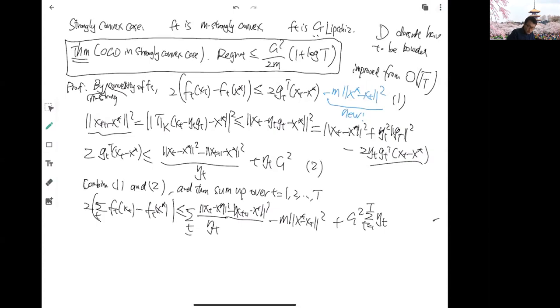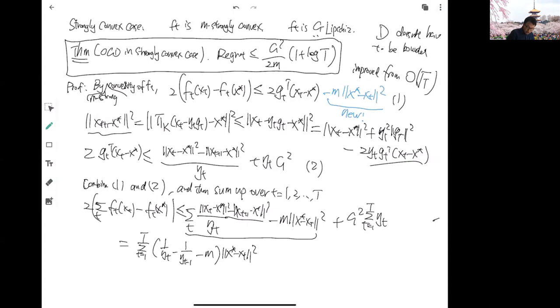Okay, so now let's combine the coefficients of xt minus x star squared. Let's combine the coefficients and then work with this part. So we can write this as the sum from t from 1 to T. Then recall previously we had 1 over eta t minus 1 over eta t minus 1. And now minus m times x star minus xt squared.